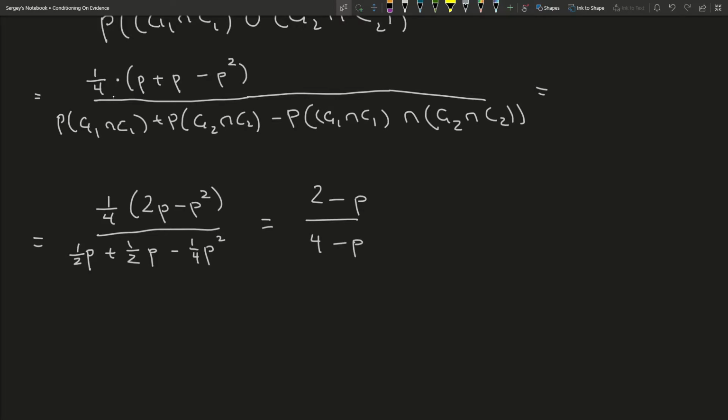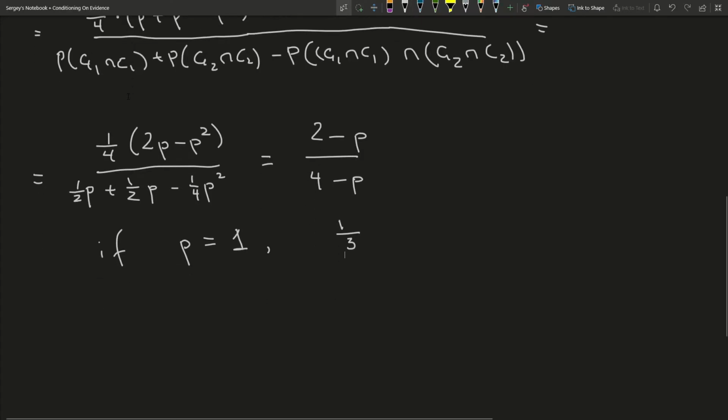And now we can see that if p equals 1, in other words, if our characteristic C is extremely common, everyone has it, then having the characteristic C tells us nothing extra about whether both of the kids are girls or not, and the answer reduces to 1 over 3.